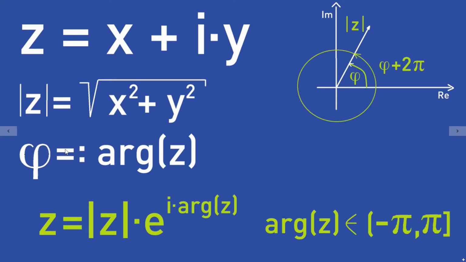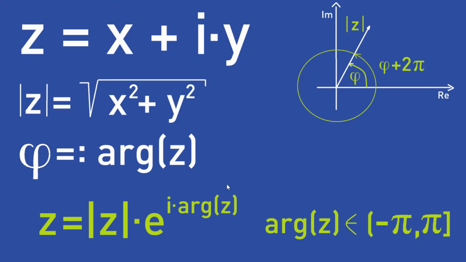This representation is not unique, because we can always add 2 pi to the angle phi and get to the same complex number again. So to make this representation unique, we have to say that the angle phi or the argument of z has to be, for example, between -pi and pi.